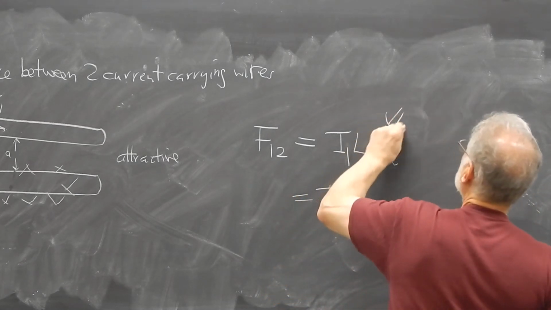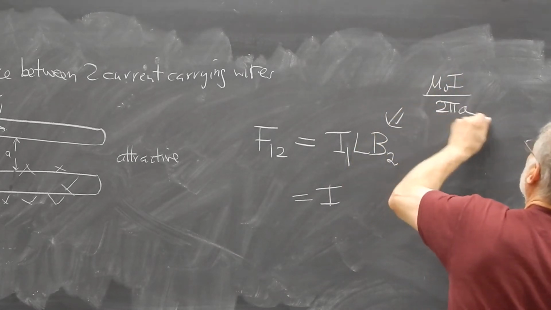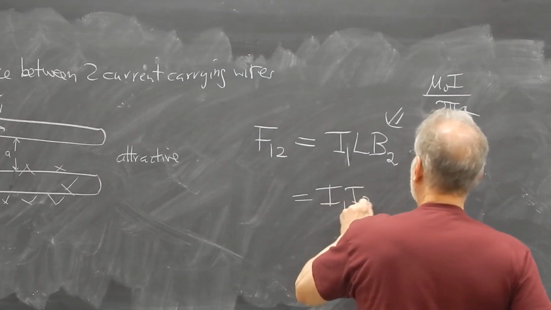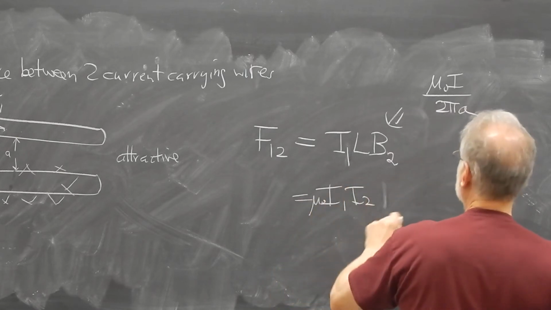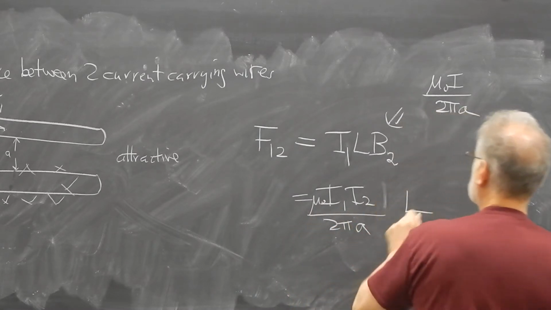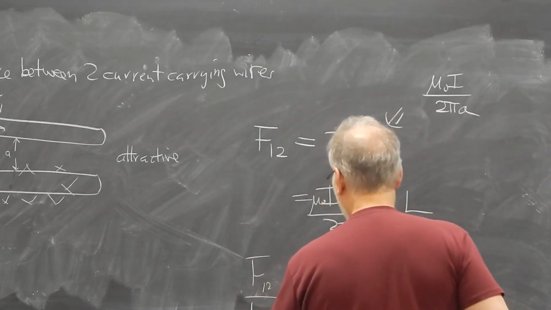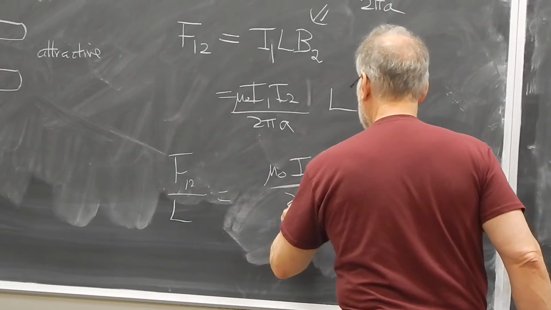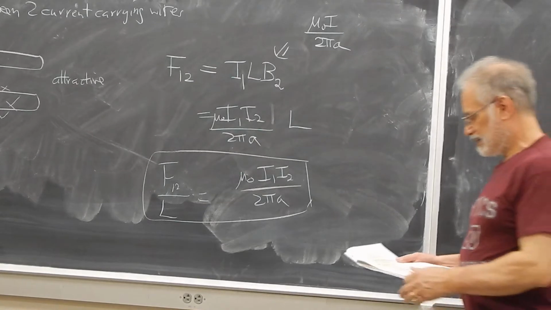The magnetic field due to wire 2 would be mu naught times I2 over 2 pi A by Biot-Savart law. Therefore, the force would be mu naught I1 I2 divided by 2 pi A times the length, which means that the force per unit length of wire would just be mu naught times the product of the currents divided by 2 pi A.